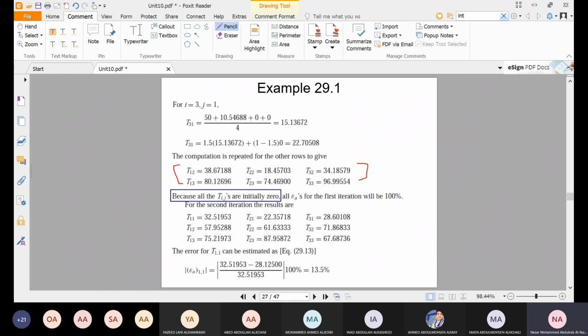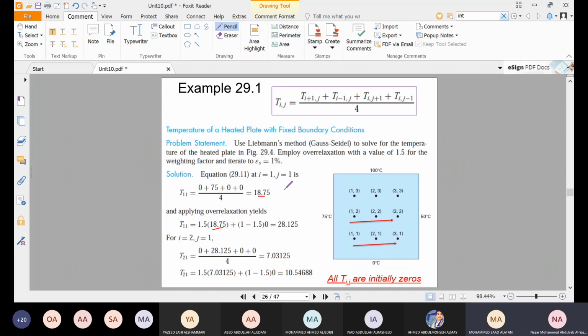Yes, which one? How did you compute these values? Here, if you want to talk about T11, I is 1 and J is 1. So just substitute here. This becomes T2,1, because I plus 1 is 2.